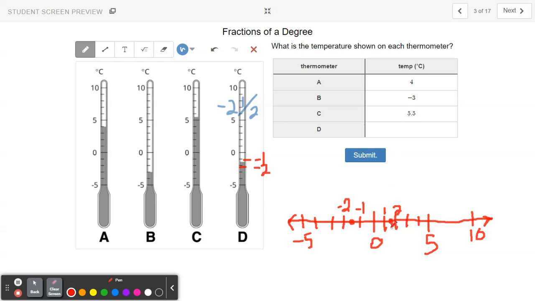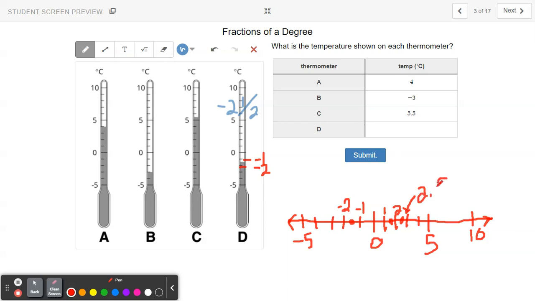Oh, it's 1.5, right? 1 plus an extra half, right? This is the same question. The only difference is we're going backwards. And so a lot of people, like if we were on a number line that was positive, if we said, oh, look, a little more than 2 would be here, so it's 2.5, right? That's 2.5.